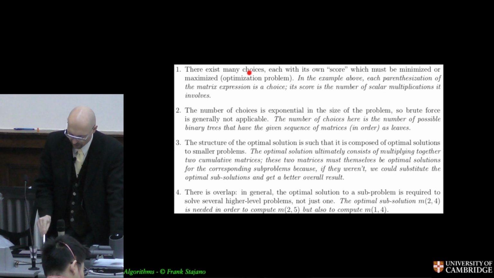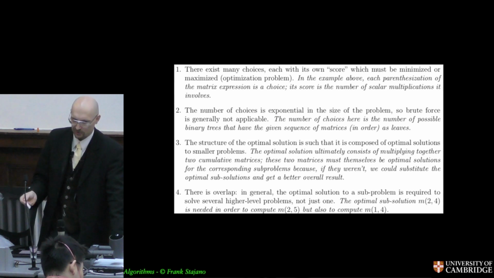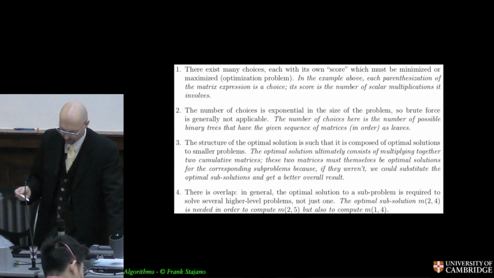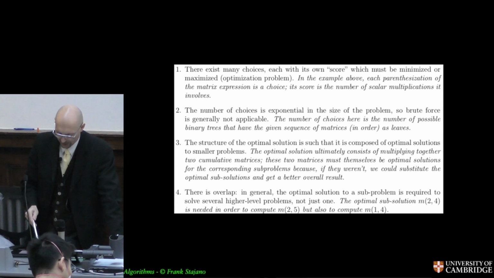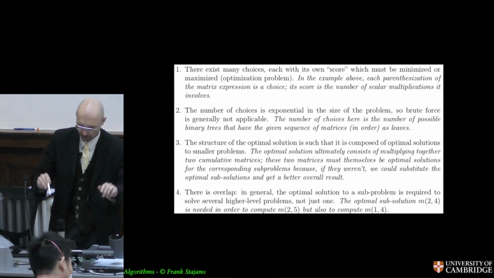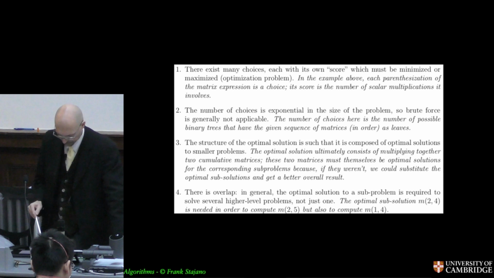Typically, these many choices exist. There's exponentially many of them in the size of the problem, and so it is not feasible to compute the score for each and then see which one is smallest. And here, the number of choices is the number of possible ways to put the parentheses around the matrices.